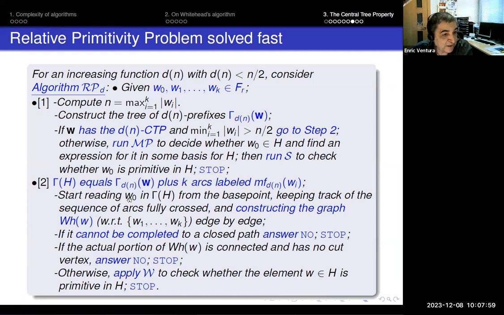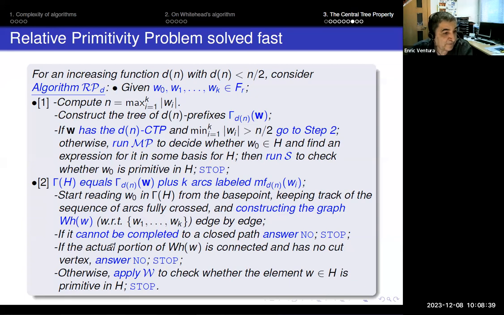Right? Keep checking whether W0 can be read as a closed path, and anytime you cross fully one of these arcs labeled by these middle segments, you take the new letter with respect to the basis of the subgroup, and at the same time you keep constructing the Whitehead graph of your word with respect to W1 to WK, which is now a basis of the subgroup because we are in the central tree property case.